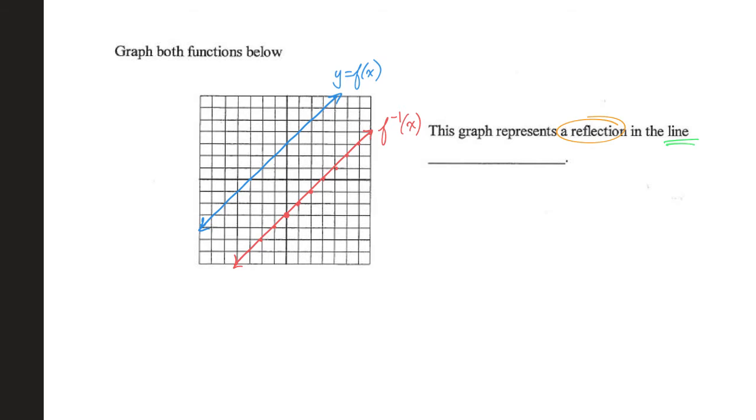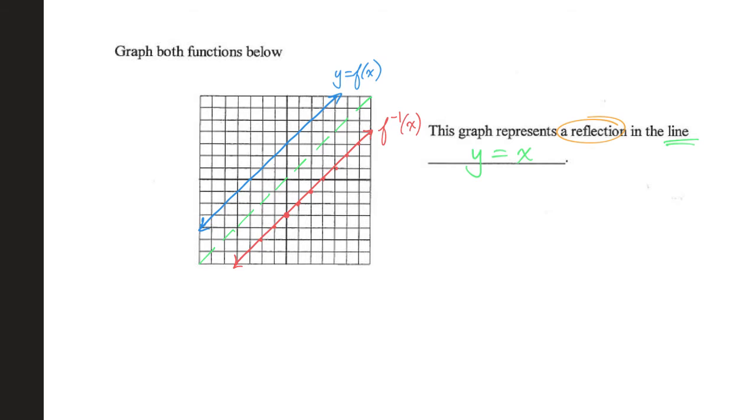Okay, if I can get everybody to put on their good old 45-degree line that passes through our origin, all we're going to do is put on a dotted line. And that is our good old y equals x. Then maybe we can see that if I was to reflect my blue across that green line, it's going to give me my red.